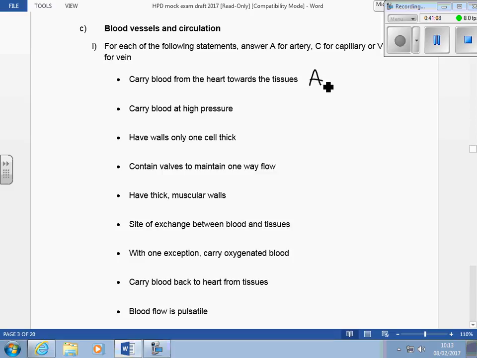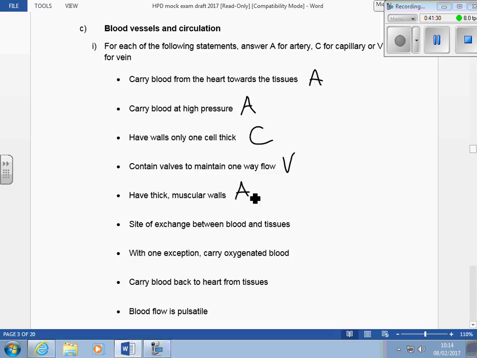Arteries. Carrying blood at high pressure? Arteries. Have walls only one cell thick? C for capillaries. Valves to maintain one-way flow? V for veins. Thick muscular walls is A for arteries.